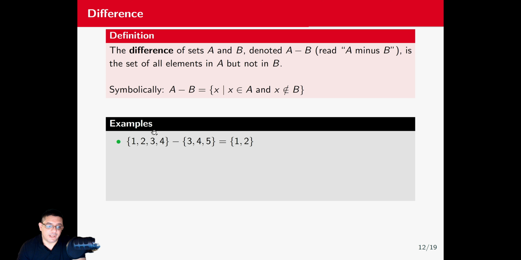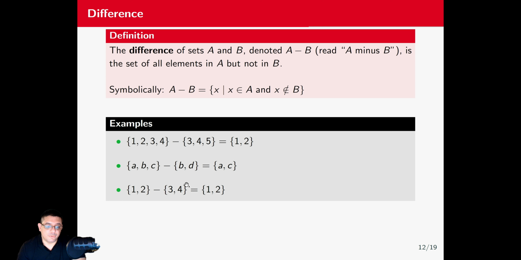So for example, if we take {1, 2, 3, 4} minus {3, 4, 5}, then we're essentially removing 3 and 4 because those are the elements that are in A that are not in B. So we get {1, 2}. If we have {a, b, c} and we're subtracting {b, d}, the element that is common is b, so I remove the common element.